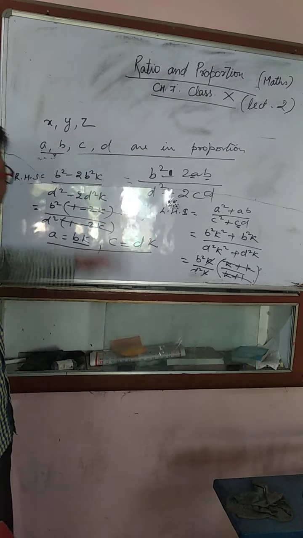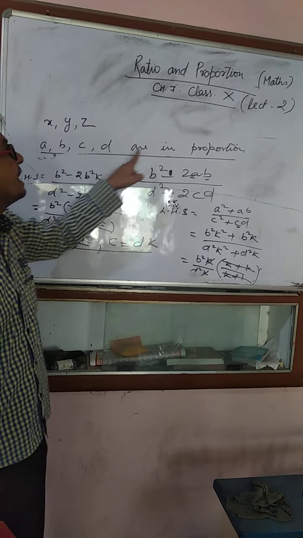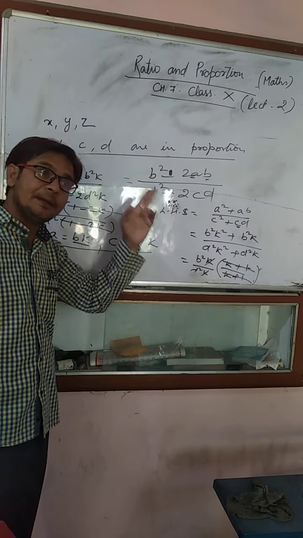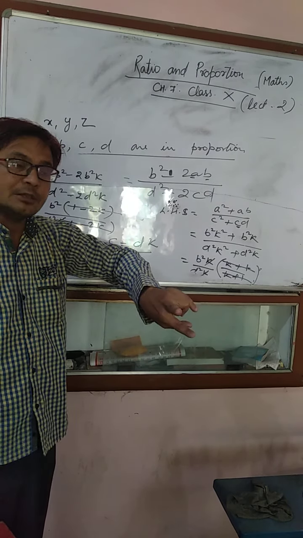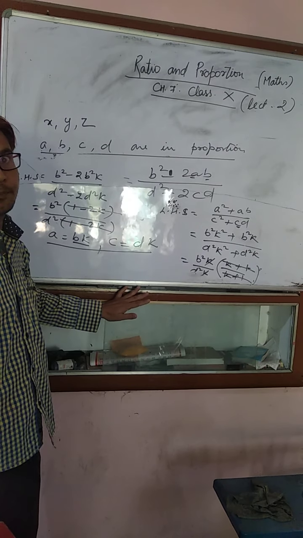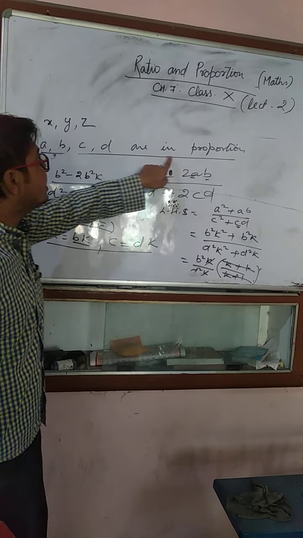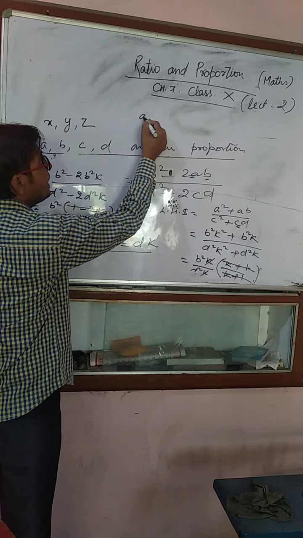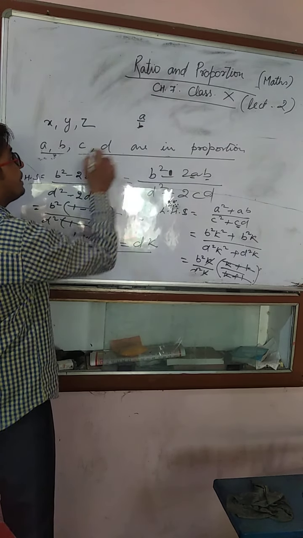So remember this thing. If a, b, c, d are in proportion, then apply a by b is equal to c by d is equal to k, and solve this. If it is continued proportion, then write a by b is equal to b by c is equal to c by d, where b will be repeated.